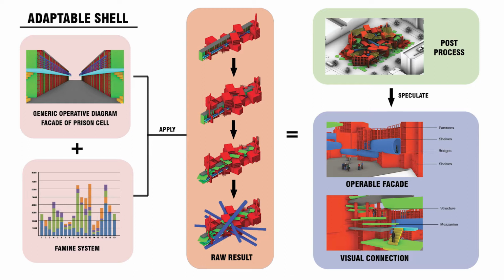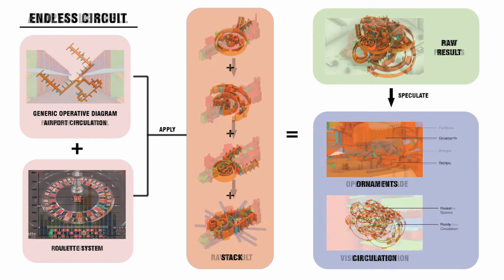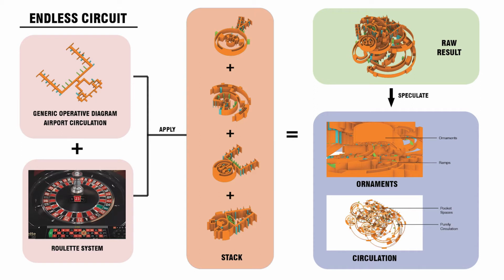The raw result created multiple planes that further enhance the idea of controlled porosity, a specific view to certain habitable space. The second research analyzes spatial relationship of a generic airport circulation. Based on our exploration, we noticed that most airport circulation has a U-shaped pattern that shares a similar system to typical learning spaces.